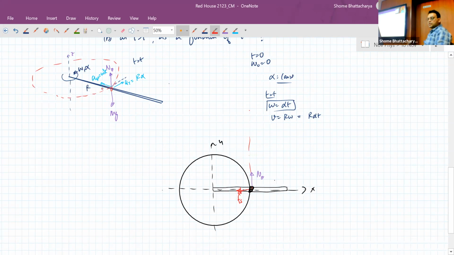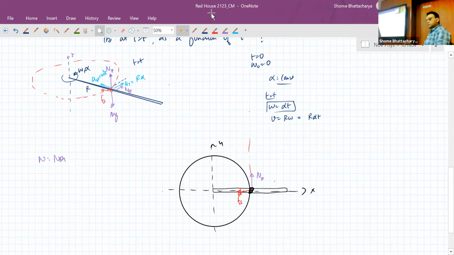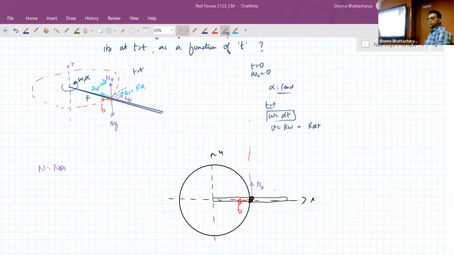Okay. So in this diagram, you will see friction like this, right? And you will see the tangential component of the normal contact force like this. So now we can see that the normal reaction has two components. It has a vertical component and a tangential component.